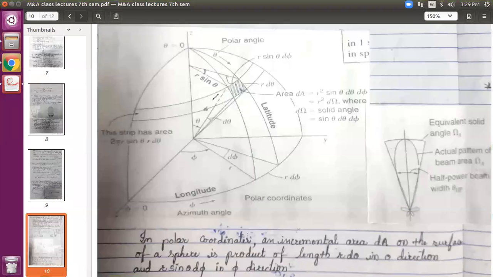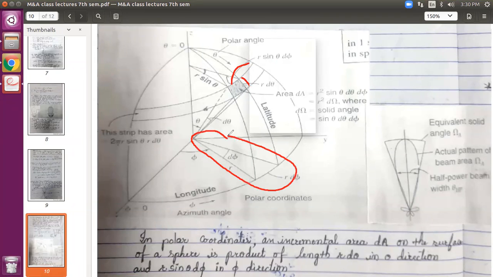Okay, let me continue. So we have seen now how we got r d theta. Similarly, let us see how we got this one more. You can see it on the screen. Here it is written as r sin theta into d phi. Before going to that, you have to imagine here, this is on the ground, we have a certain triangle kind of shape, right?